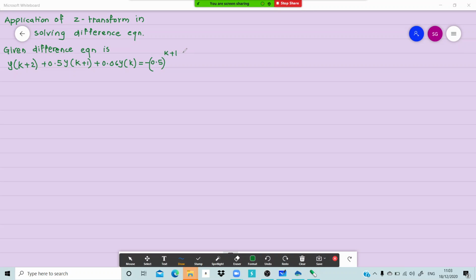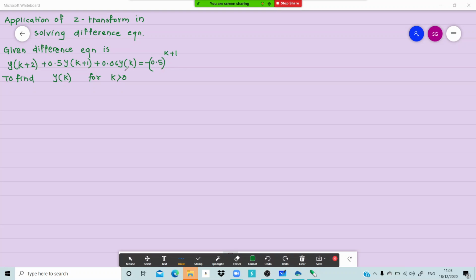Okay, this is the difference equation which is given to you, and definitely what we want to find out is the solution. To find the solution means you are supposed to get y of k, for k greater than 0.